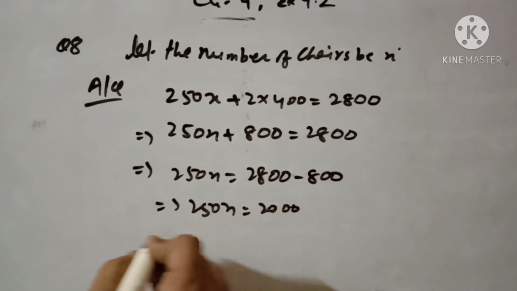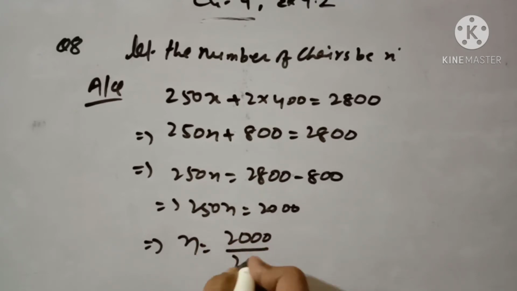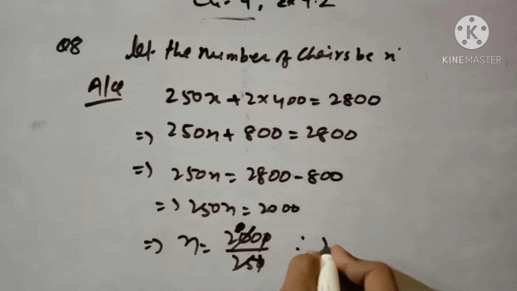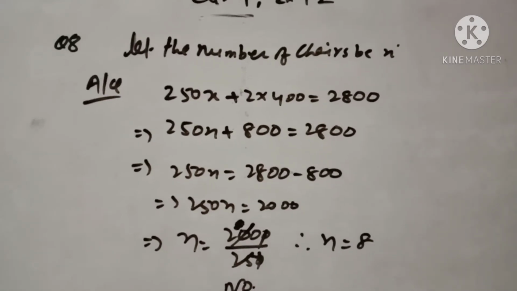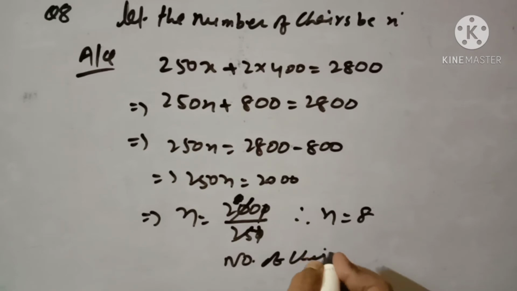So x equal to 2000 divided by 250, that is 8. So therefore x equal to 8, means the number of chairs she purchased is 8. Write down please.